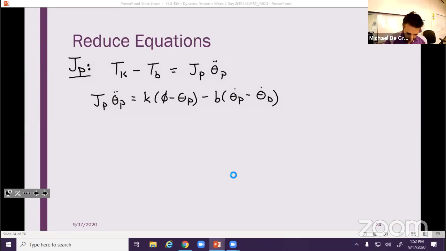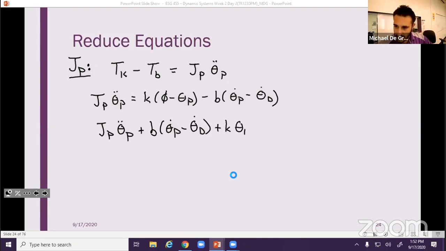And then we'll do some algebra. We're going to distribute these things and we're going to say JP theta double dot P plus B times theta dot P minus theta dot D plus K theta P is equal to K phi.